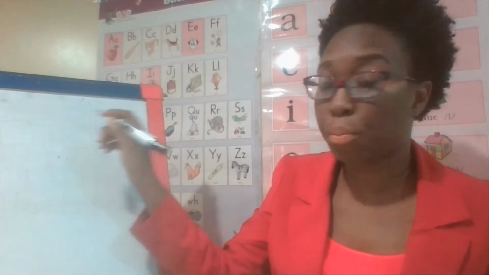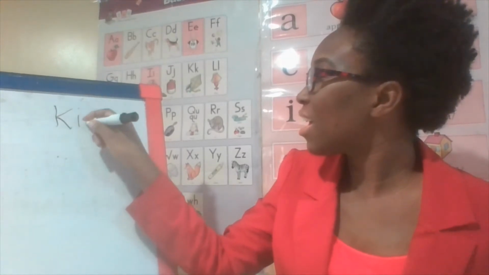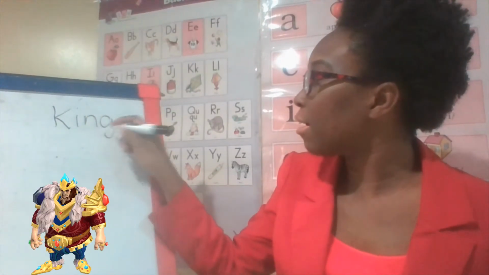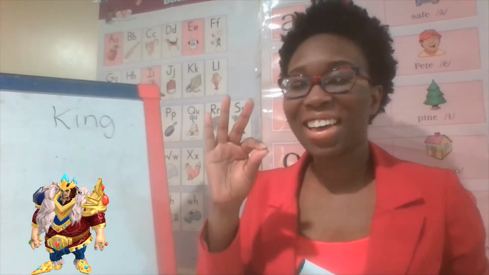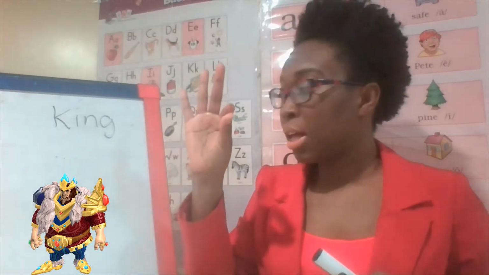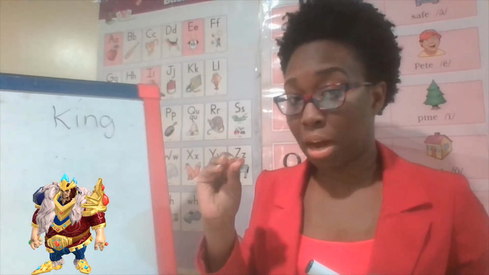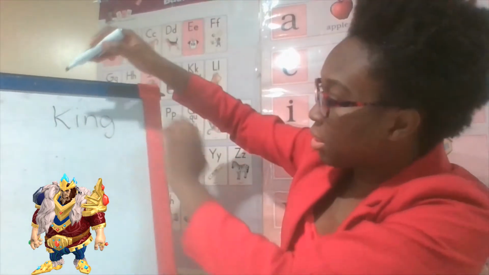So, for example, I'm going to write the word king. So let's tap out king. Ing, king. Remember, the three letters go down for the glued sound. So the glued sound is the ing.